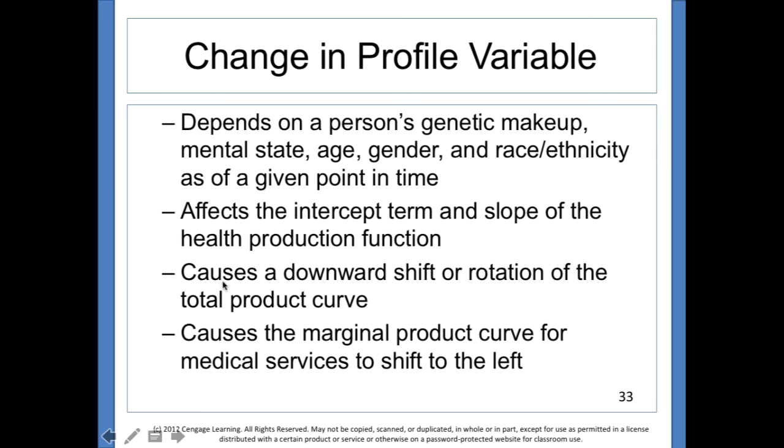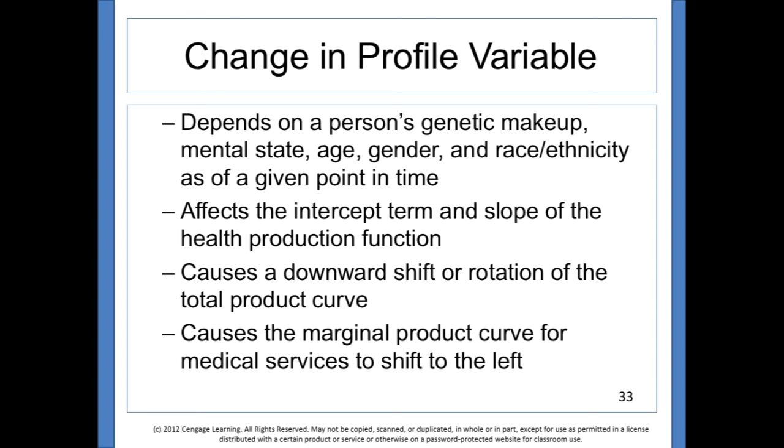So say the person has a genetic case of cancer in the family, and the person developed cancer. In that case we have a downward shift or rotation of the total product curve that causes the marginal product curve for medical services to shift to the left.